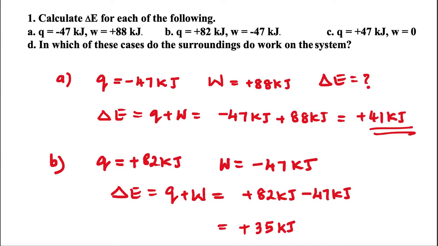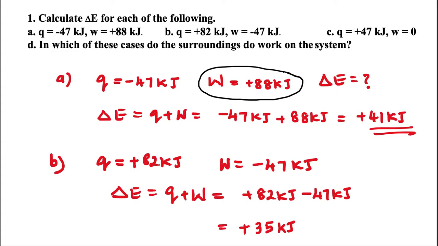And what is the problem D? In which of these cases do the surroundings do work on the system? Surroundings doing work on the system means for the system it is a gain and for the surroundings it is a loss. So here, surroundings doing work on the system means from the system's point of view work should be positive. So where do we have a work positive here? If you see clearly, work is positive here.